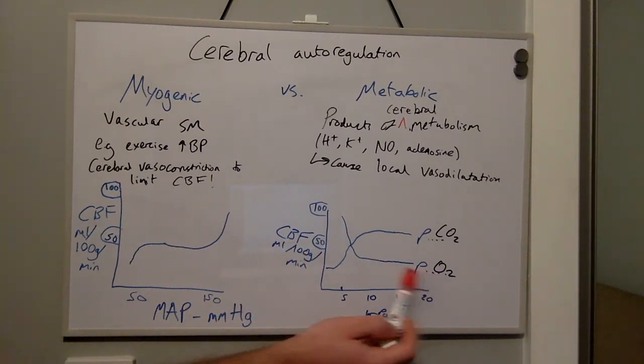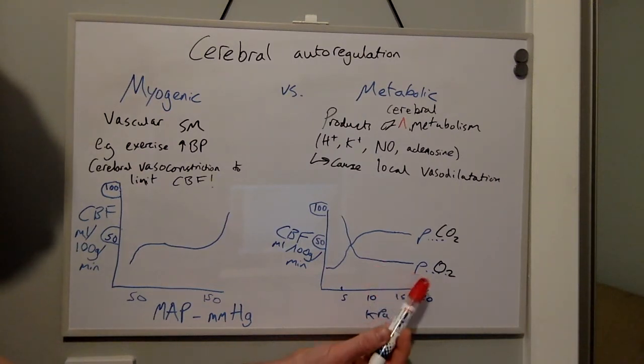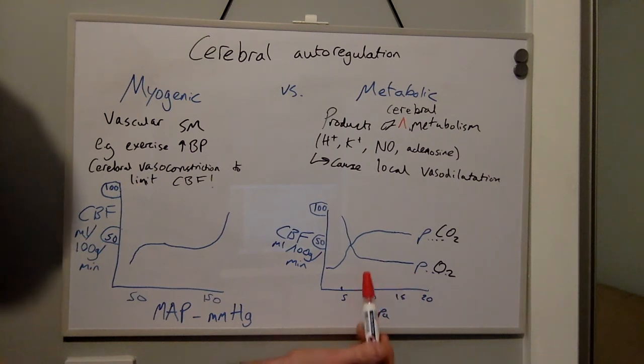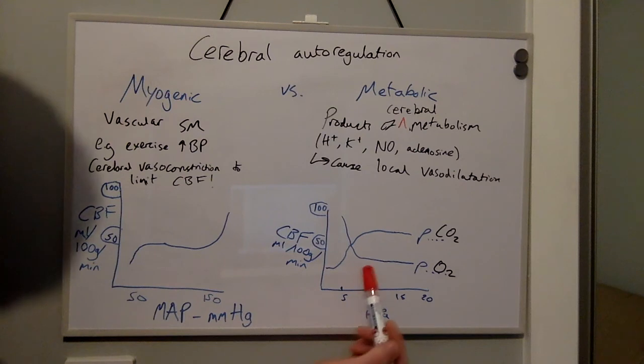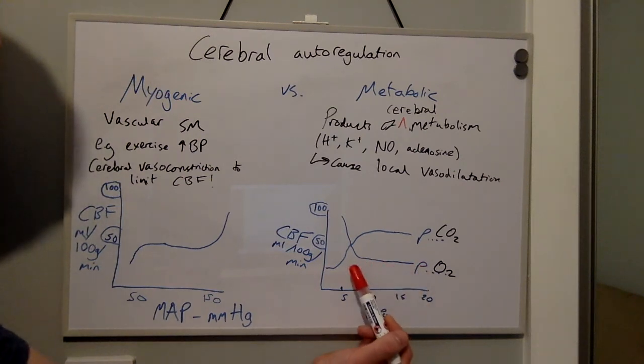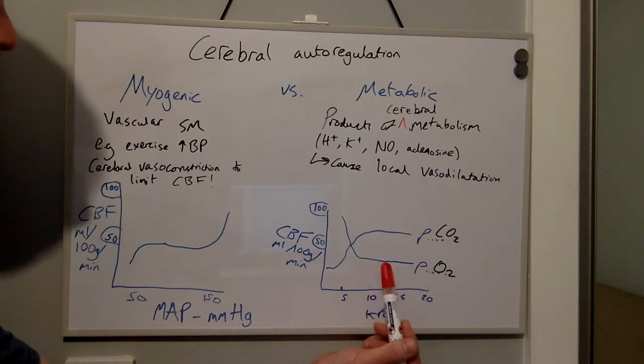And this line here is showing the effects of the PaO2 on cerebral blood flow. And as we can see, up to a PaO2 value of about 7 and above, there is maintenance and no changes in the cerebral blood flow in terms of change in oxygen concentration.